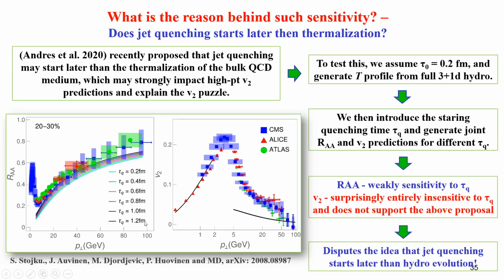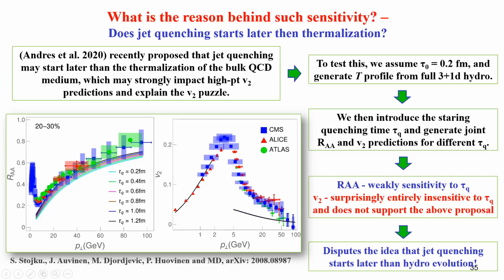So this quenching time 1.2 means that jets will start to interact with the medium 1 Fermi after the hydrodynamics starts.